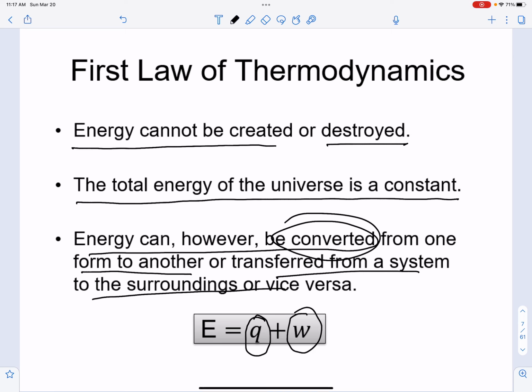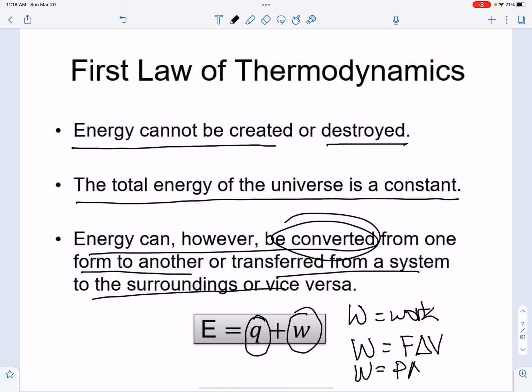And work is nothing more than what happens when a force is applied and causes a displacement or a change in position, a change in volume. That's what we can say, that work equals pressure times change in volume. So that would be a way to define work.